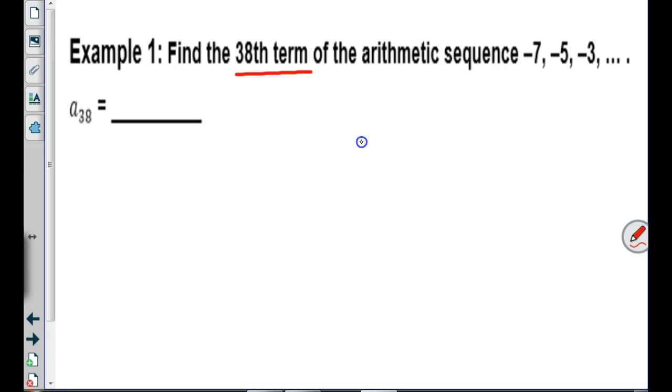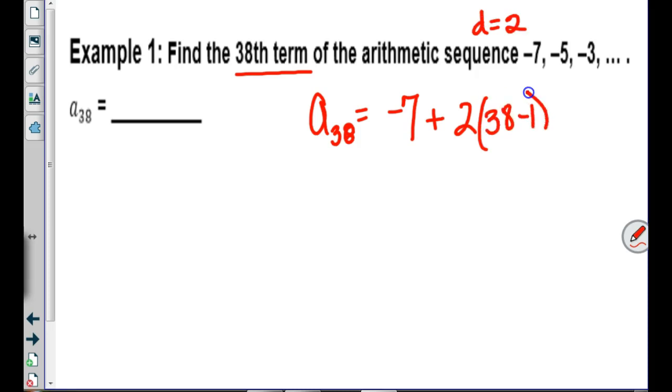Anybody get back in the swing of what we were doing last Thursday? Explicit formula, absolutely. Okay, a sub 38 equals -7 plus the difference is +2, yes. 38 minus 1 or 37.